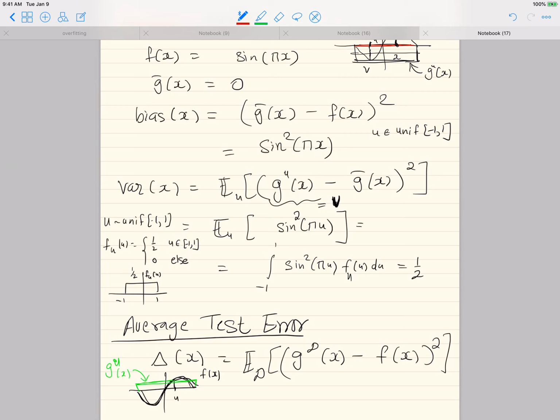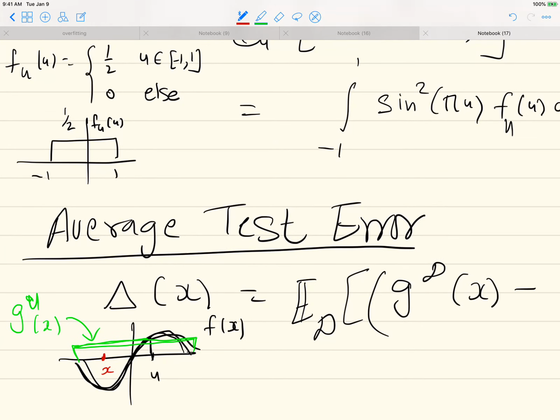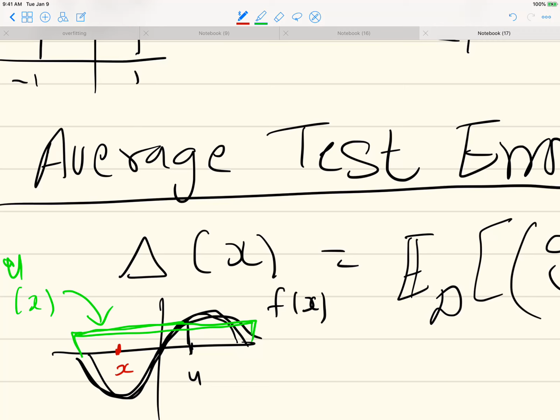Now for any given x, if this is the x that you're interested in, the delta of x will be the difference between f of x and g of x. So this is our estimate from the output hypothesis.